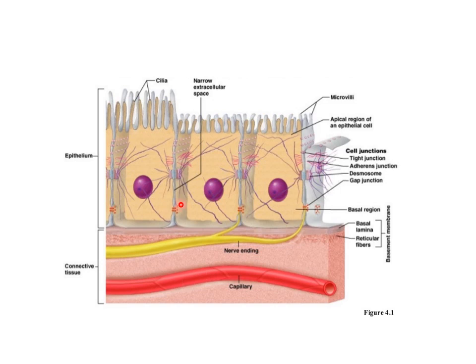So the nutrition will be derived by diffusion from the underlying connective tissue, as the epithelial tissue itself is avascular. Also the nerve endings are present here, the nervous receptors are present in between these epithelial cells, and the free nerve endings are present here.